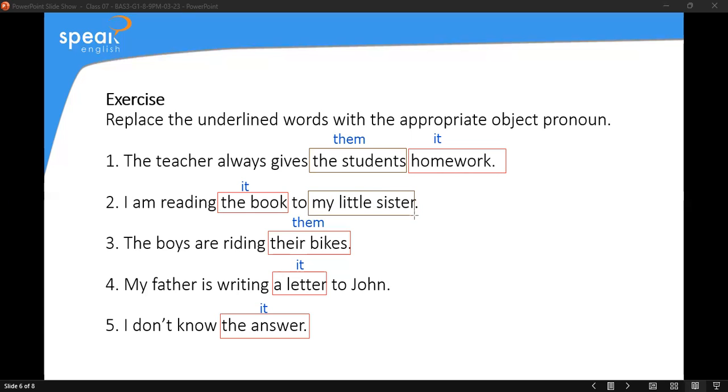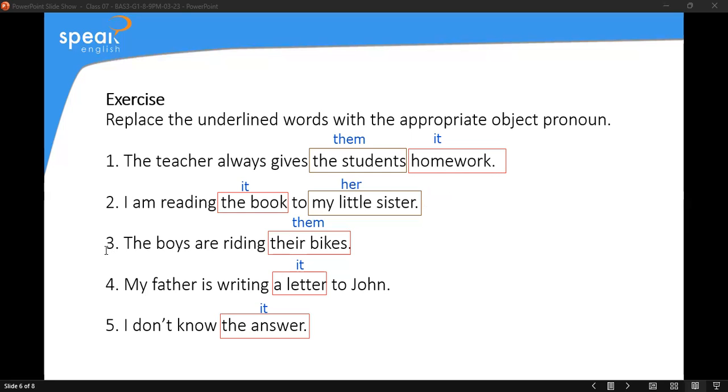In this case, the indirect object is my little sister. So how can I change it? What is the object pronoun? Her. I am reading the book to her. I am reading it to her.